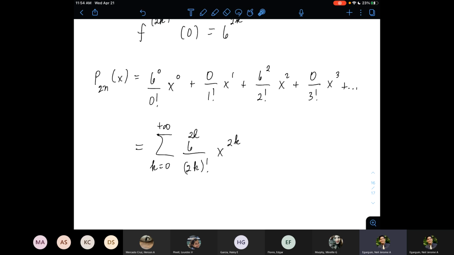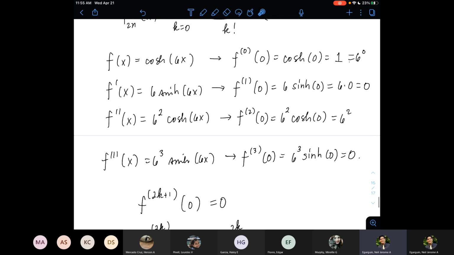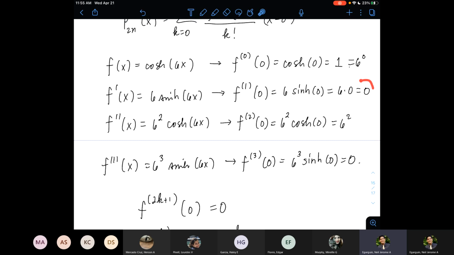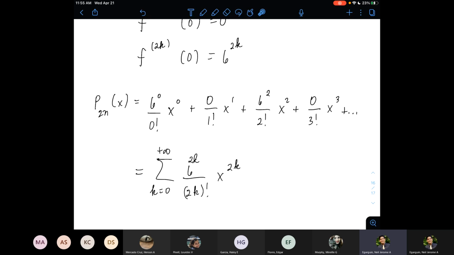That's why I would have used this as an example towards the end of the discussion, because the weird part really here, as Herson suggested, is the sub 2n. They just used the sub 2n because they knew that the odd coefficients will all be 0. So that means everything will be gone except for those that will have an even power. And I think that's the hard part here.